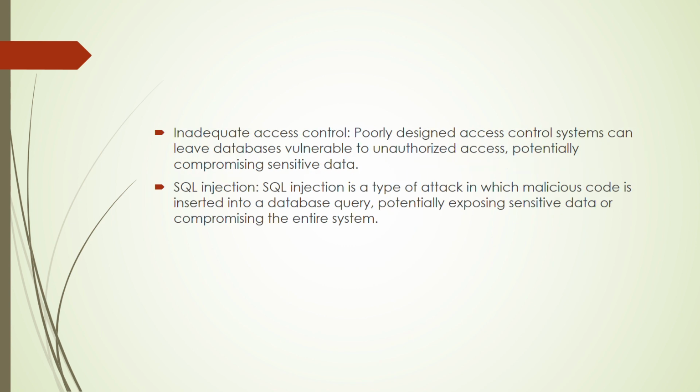Another one of the issues which could happen is inadequate access control. Basically, your system's access control is very weak. You do not have proper maintenance of who's got access, who does not have access, how to prevent other people from accessing this kind of data. So this kind of poor access control system is equally destructive as compared to data tampering, as I mentioned.